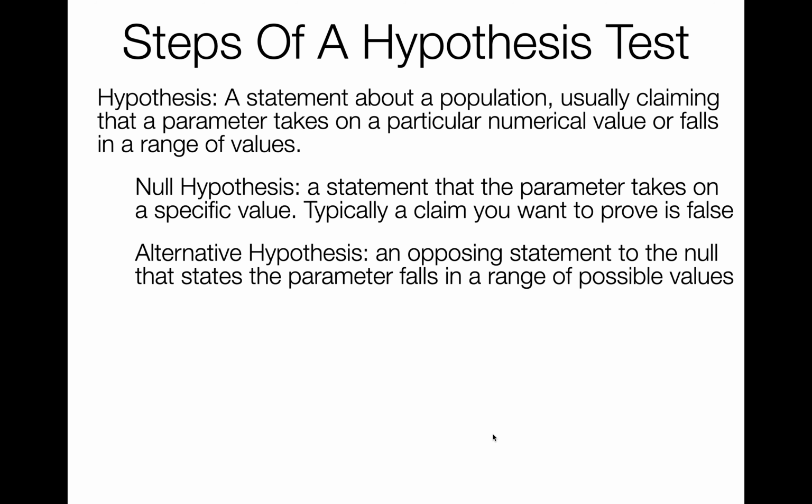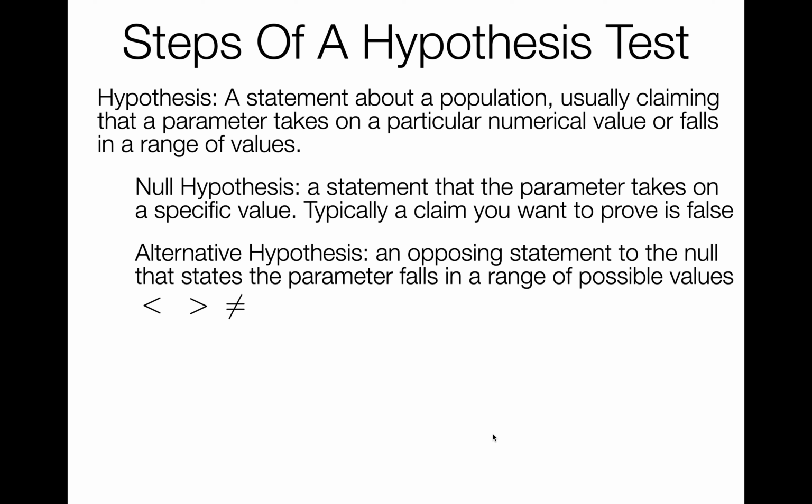Okay? And then there's an alternative hypothesis. It's the opposing statement to the null hypothesis that states the parameter falls in a range of possible values. What does that mean? It means that there's going to be an inequality there.